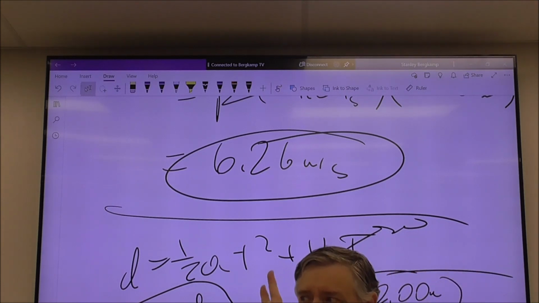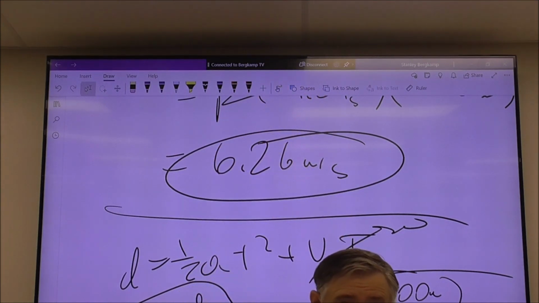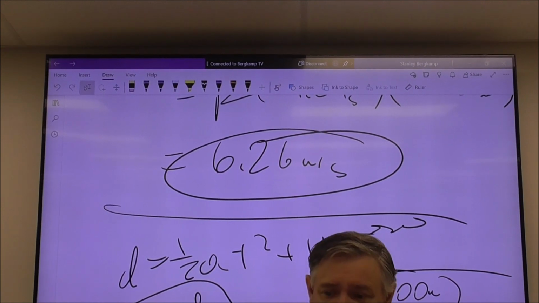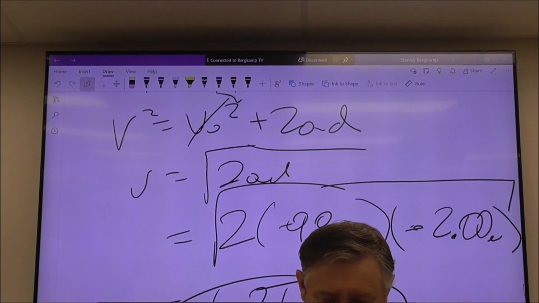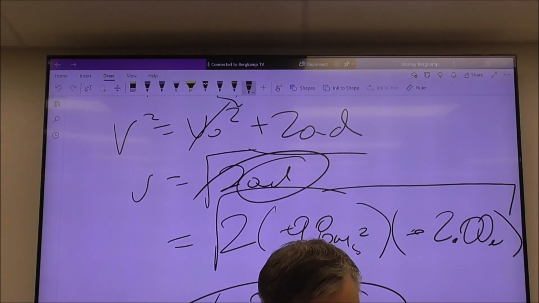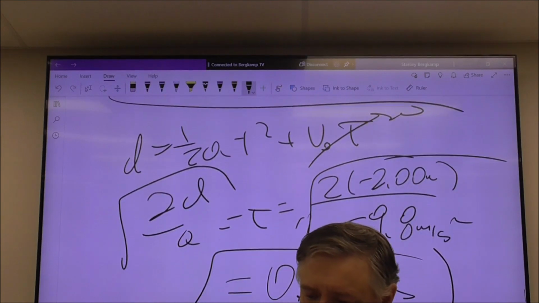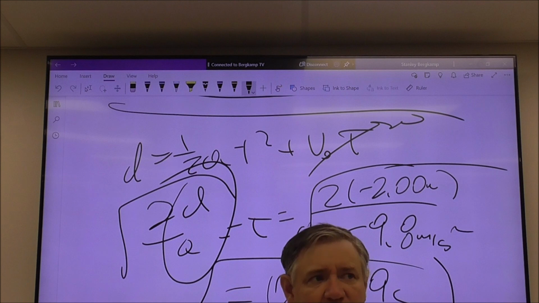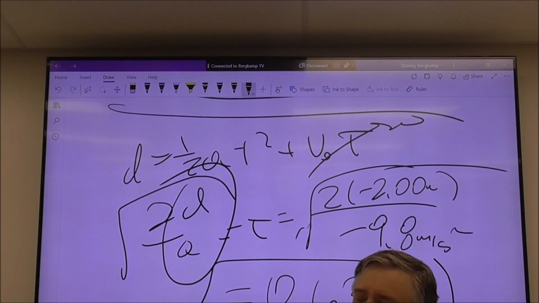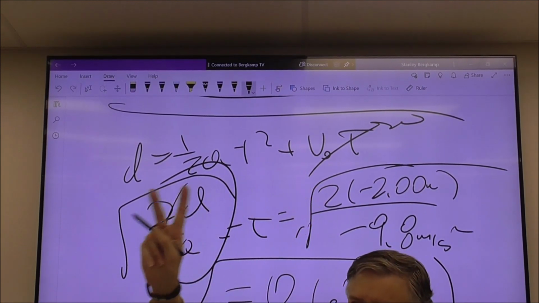As long as I just drop something, and my initial velocity is 0, there are only two variables that play a part: the rate at which the velocity changes and how far it falls. That influences my velocity, and I have those same two variables that influence my time. That's it. Okay? Nothing else. How far it falls and the acceleration due to gravity.